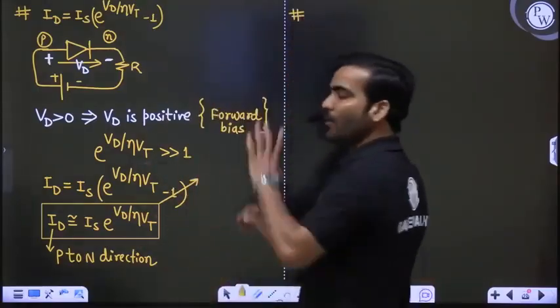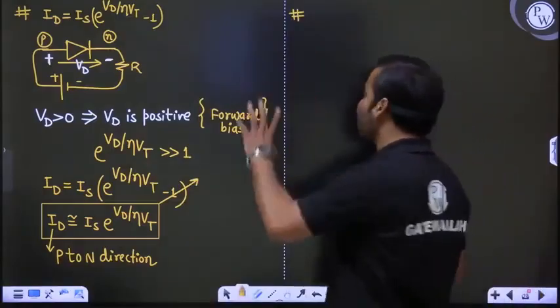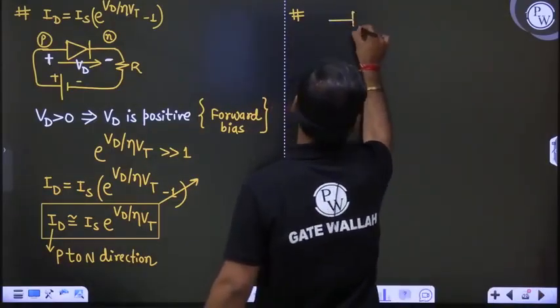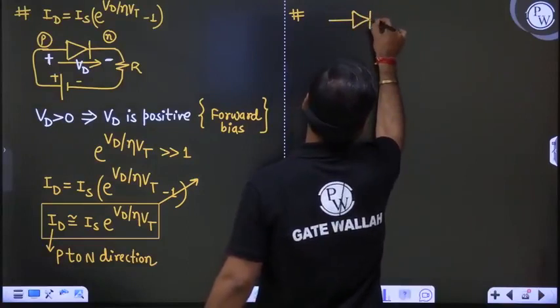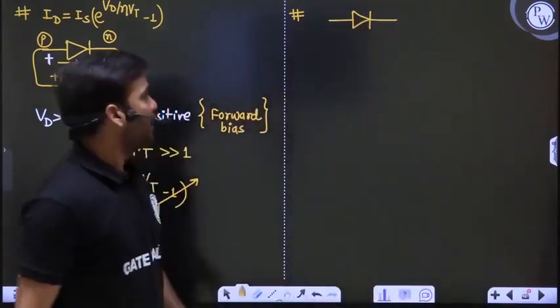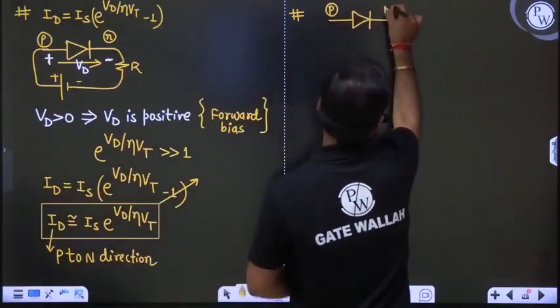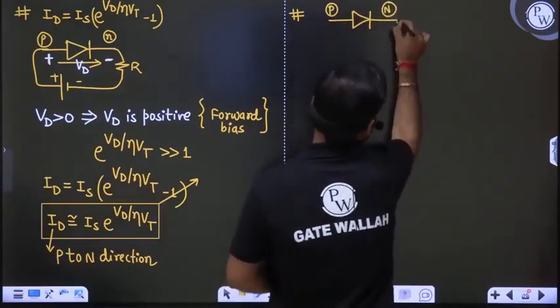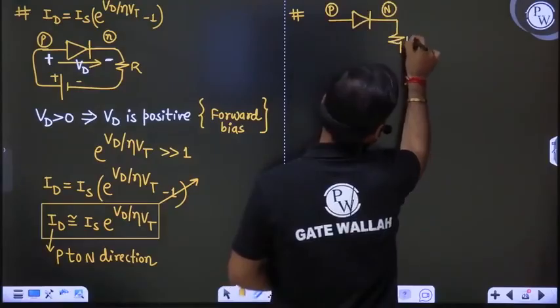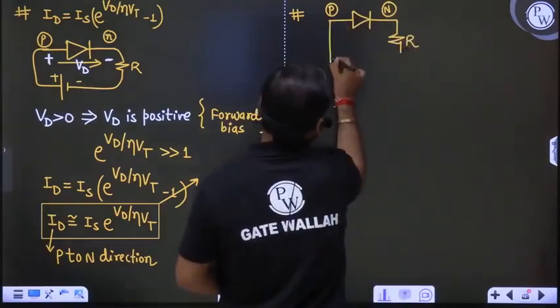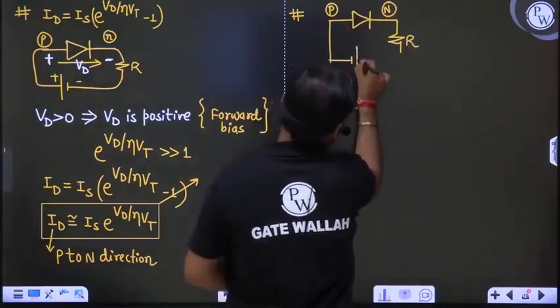Suppose this is the equation of diode current. Suppose a diode is there, this is the P side of the diode and this is the N side. Suppose some resistor is there. Now the battery is like that, this side negative, this side positive.